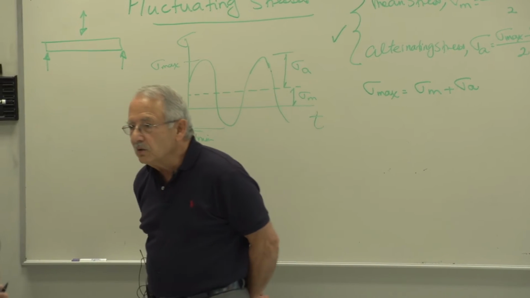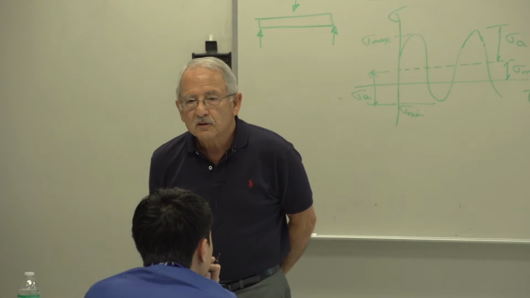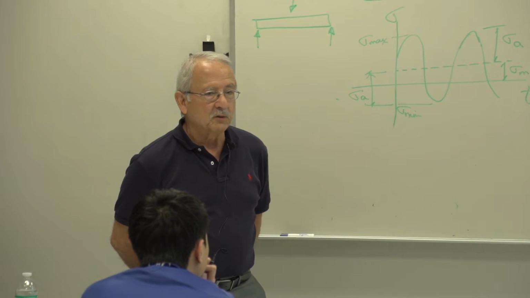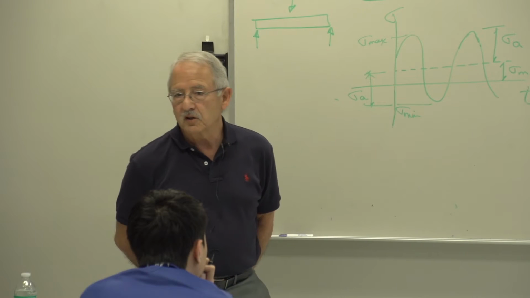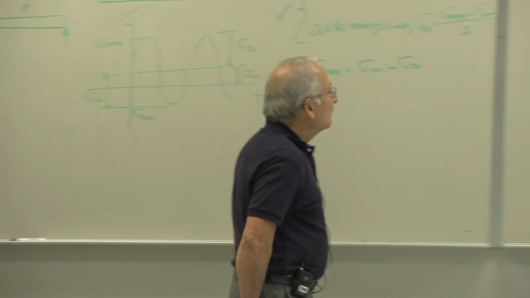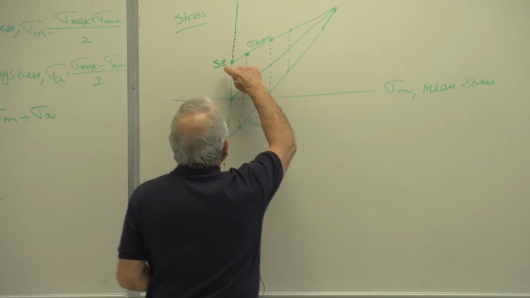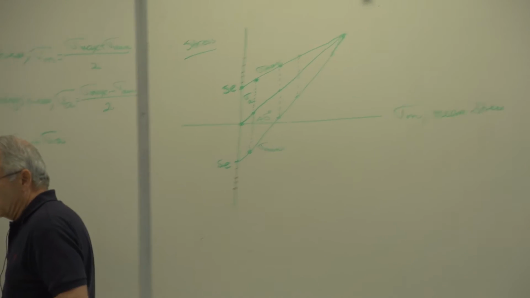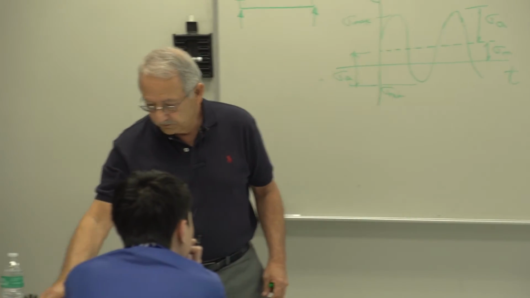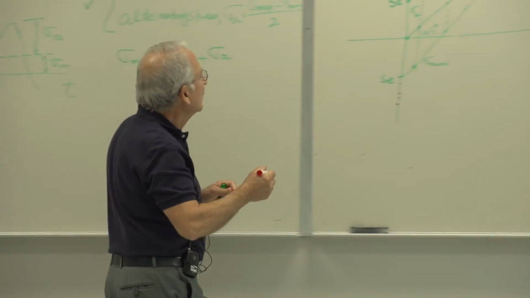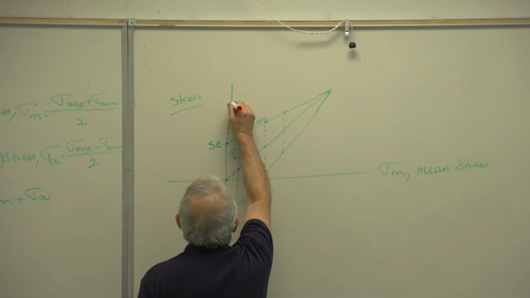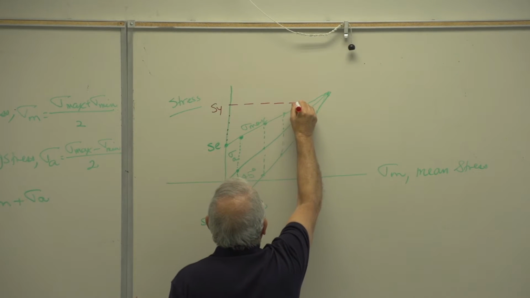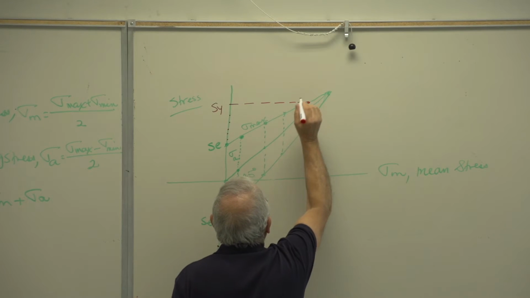Then as soon as I load it, it will yield. So there is no question of fatigue anymore. The material is yielded. There's failure, static failure. Therefore, the sigma max must be limited to the yield strength of the material. So let's say this is the yield strength. It says we can't go beyond that point.